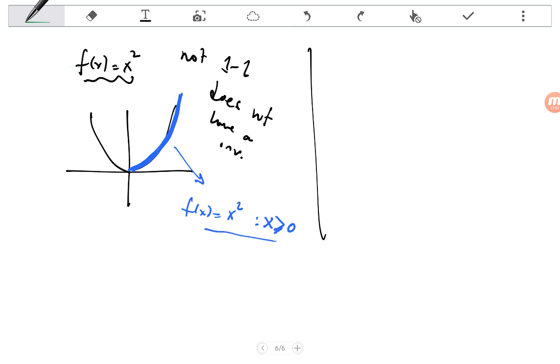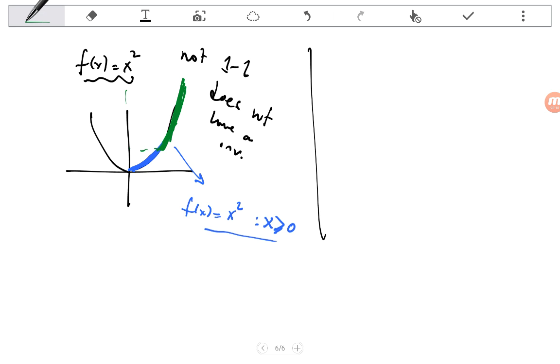This is not suitable as a restricted domain. What about taking this part? Taking this part only, now it is one-to-one. But it is still not suitable. Why not? Because it just covers a part of the original range.